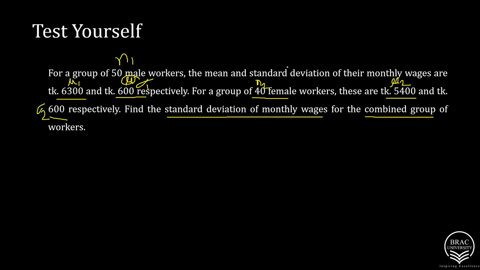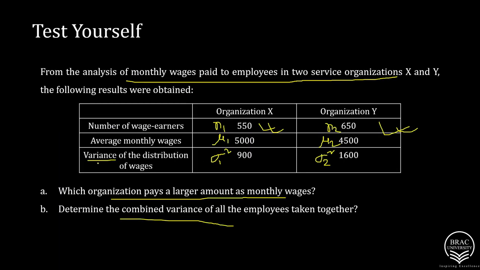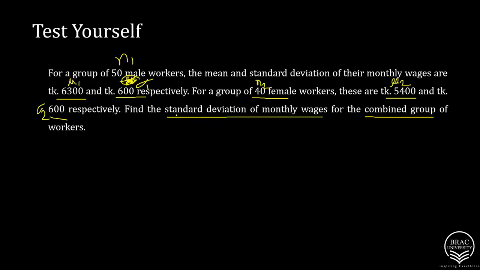Here you can see the standard deviation is given, not the variance, and in the previous problem the variance was given. So you have to think carefully about whether the variance or the standard deviation is given in the problem.